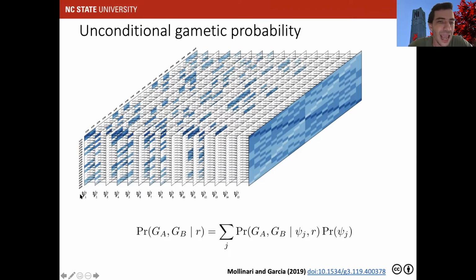In this case, I have all possible configurations for a hexaploid, 15 possible configurations. And I did the same thing I did in the previous slide for each one of the configurations, right? And to obtain the final matrix, which will be similar to that small matrix you observed for diploids, but here will be a 20 by 20 matrix, we needed to sum over all possible configurations using the probability of each one of these configurations.